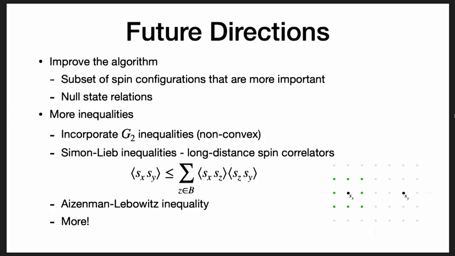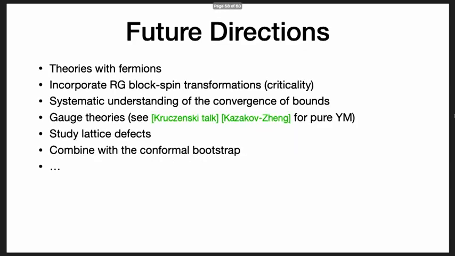So maybe hopefully that might lead to something like what you're thinking of. And another way that is totally open is that maybe you can combine this somehow with the conformal bootstrap, which is focused at the critical point. But that is open waters. That's also an interesting thing to think about.